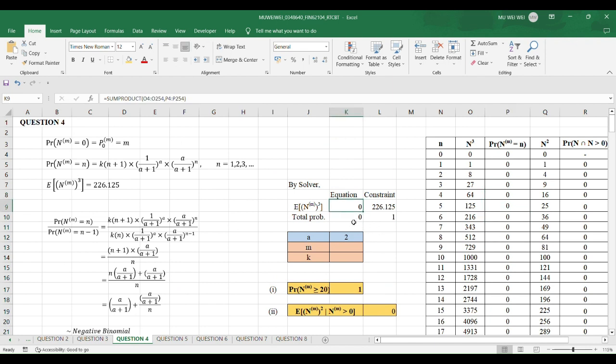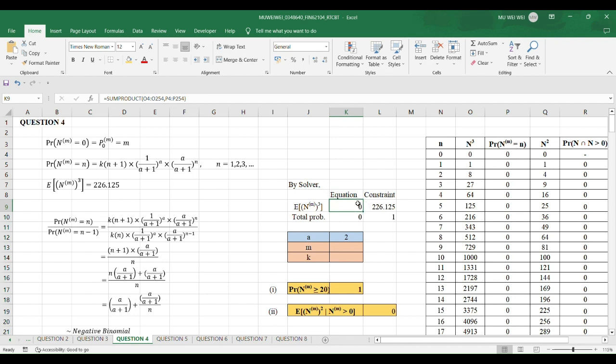Then the third moment of Nm will be the sum product of the n cubed column and the probability of Nm equals n column, since the expected value of Nm cubed is n cubed times the probability of Nm equals n.